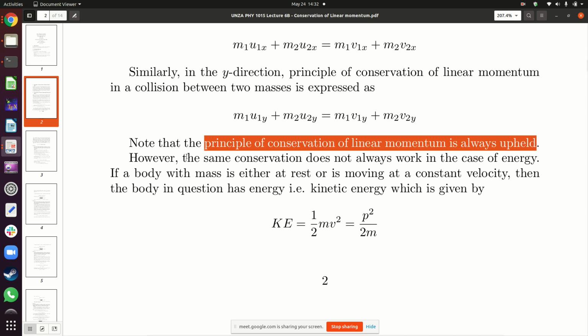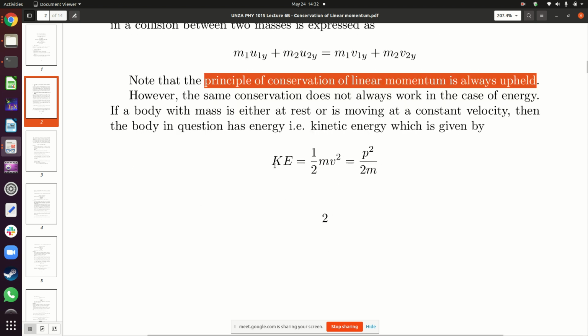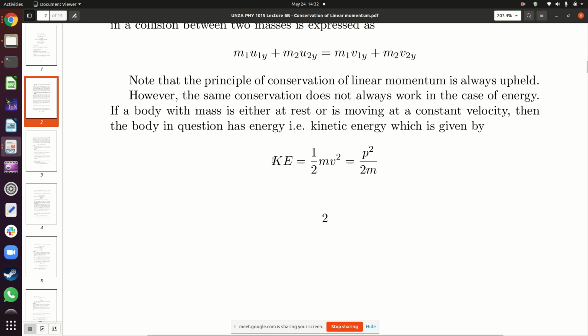In this case, we have to look at things in terms of energy, and since the objects we are looking at are moving, they always have kinetic energy. We are assuming that the objects are moving on a flat or horizontal surface. In that case, the kinetic energy KE equals half mv squared, which equals p squared divided by 2m.